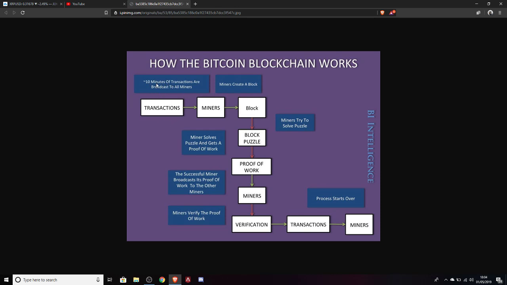So it will be the case of another transaction is created, and then the miners solve it, gets a proof of work, goes to a mining pool, gets verified, is then proceeded as a transaction back to the miners, and then that is basically how the blockchain works.